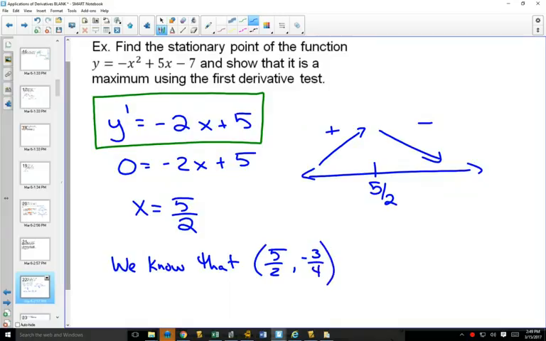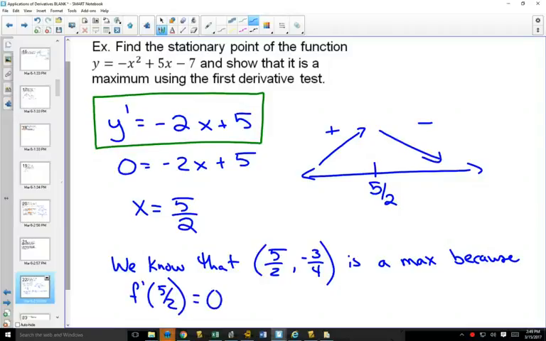That's the point. So I plugged in 5 over 2 for x into my original equation and got negative 3 over 4. We know that this is a max or maximum because f prime of 5 over 2 equals 0. So that's the first thing, to show that the slope is equal to 0.